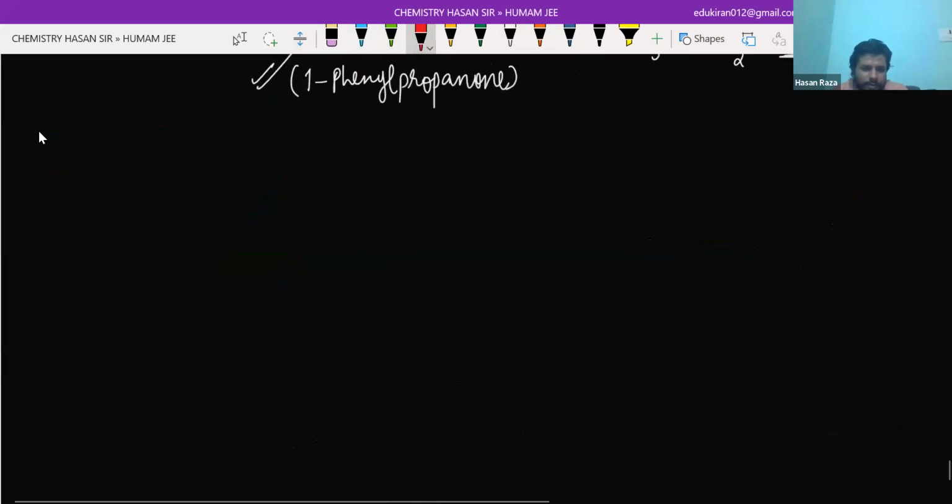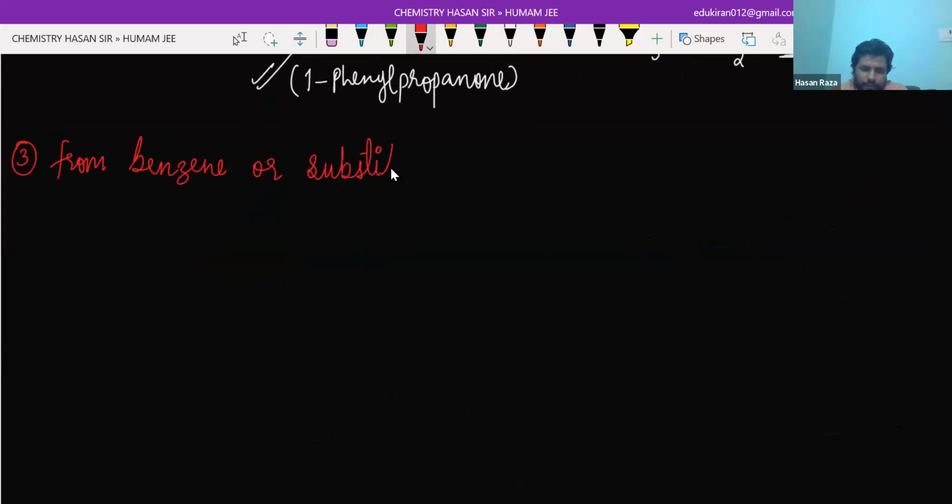So here comes the third preparation, and that is from benzene or substituted benzene. And this reaction is known as basically Friedel-Crafts reaction.